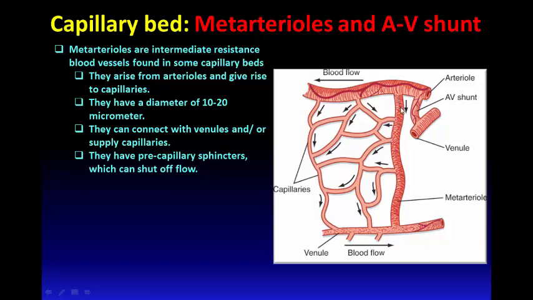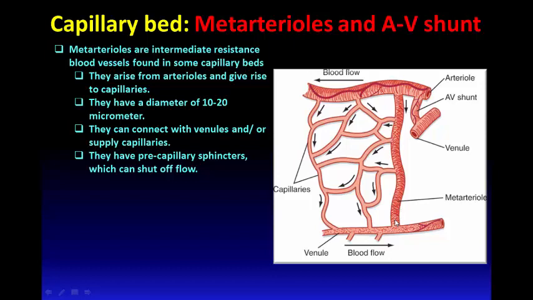They have a diameter of approximately 10 to 20 micrometers, and they connect with venules and supply capillaries, or they may connect to venules only.